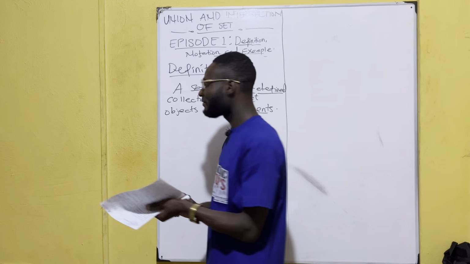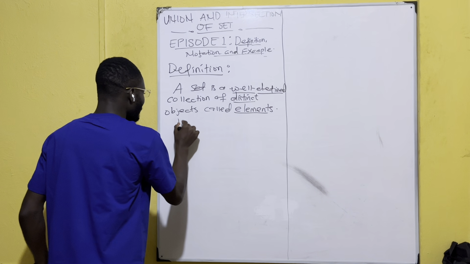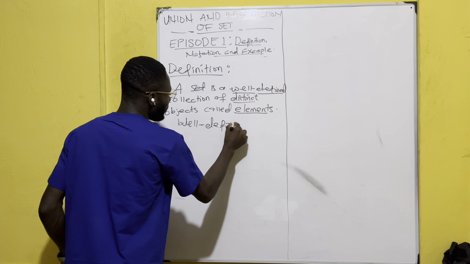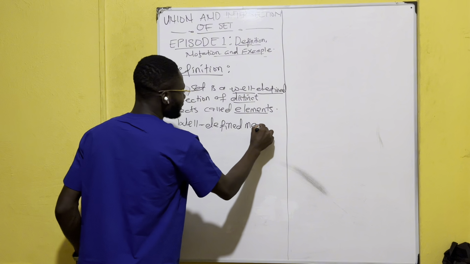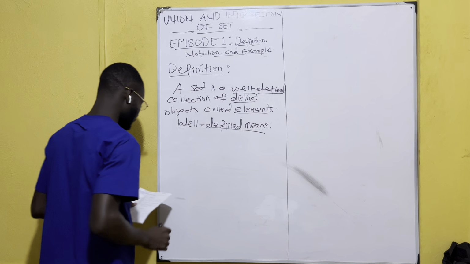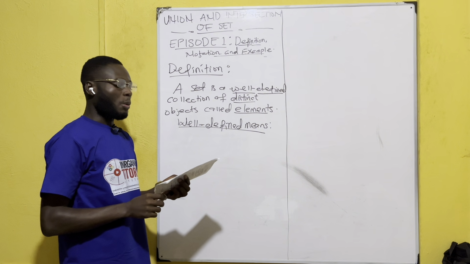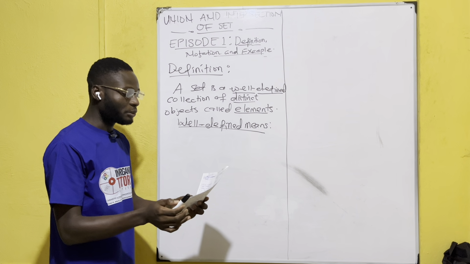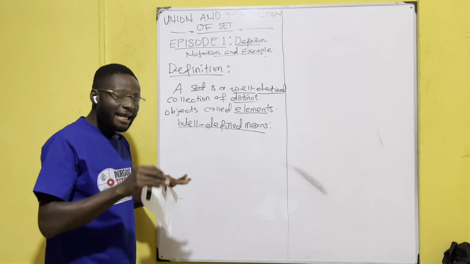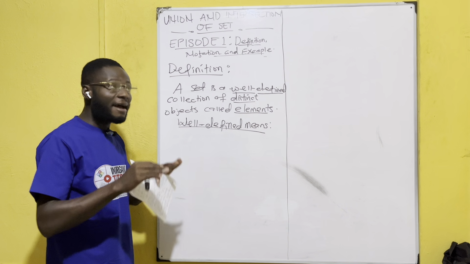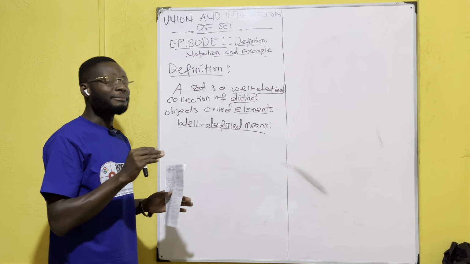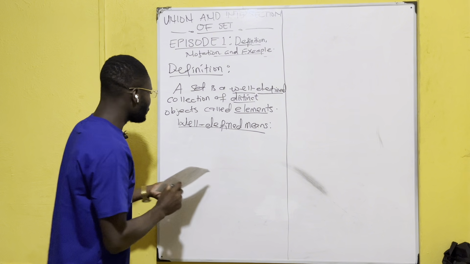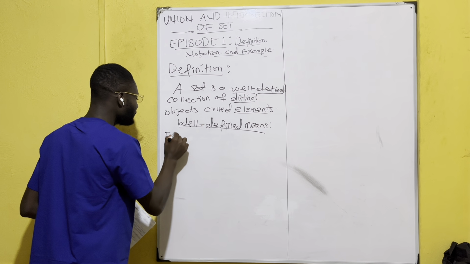Well-defined means every object that you see must be clearly determined, without any confusion.